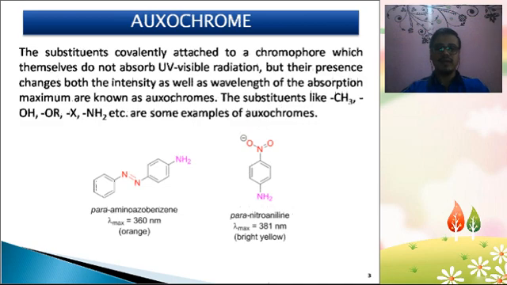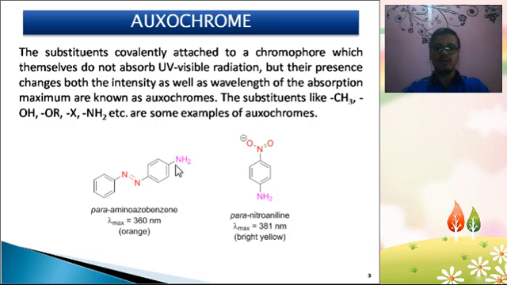The second very important terminology in UV visible spectroscopy is the term oxochrome. So basically, an oxochrome is a substituent which is covalently attached to a chromophore and which is responsible for enhancing the color of the particular organic compound. For example, the amino group.